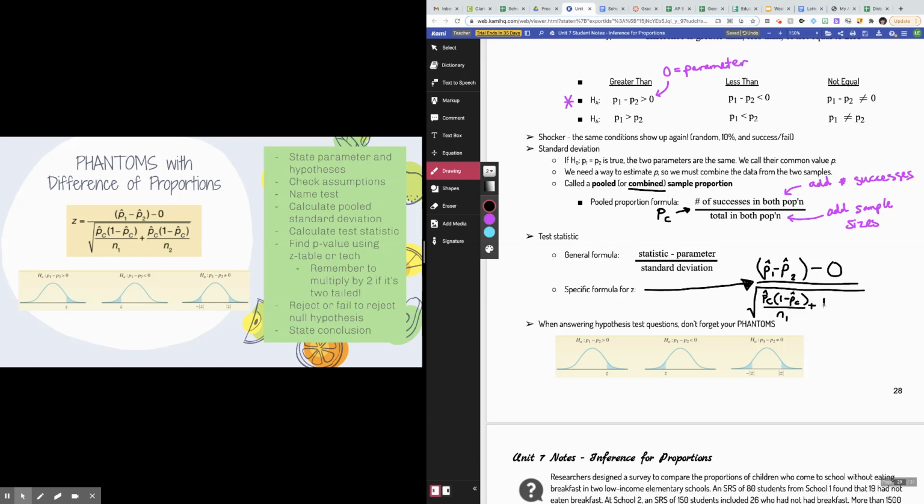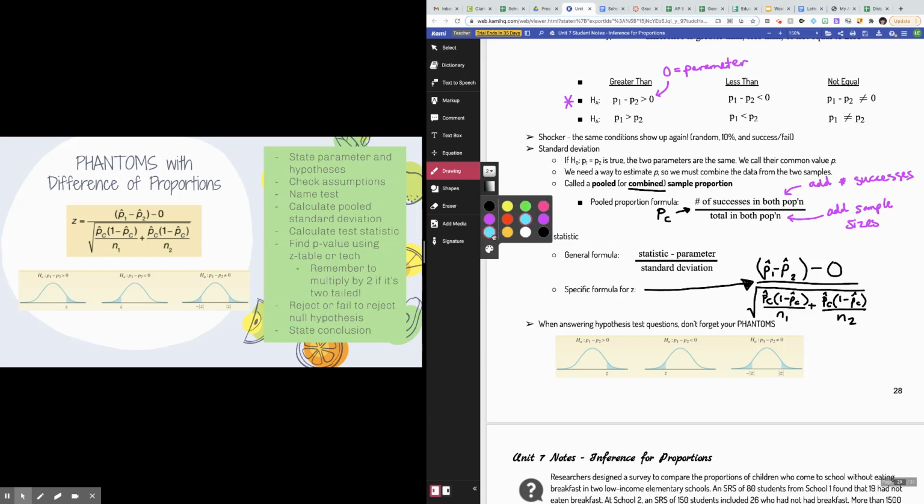And because we're dealing with two populations here, that's going to show up twice, once for each population. Now here, remember, because we aren't given a true value for either population, we have to use our pooled proportion when calculating the standard deviation. And it'll be the same for both populations because we've included both populations when we calculated it.